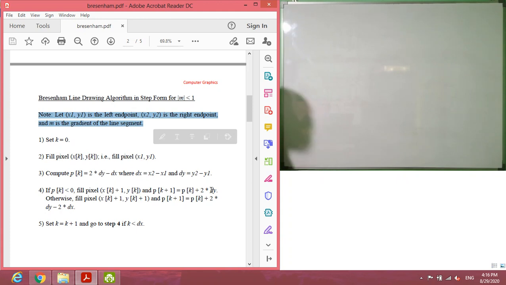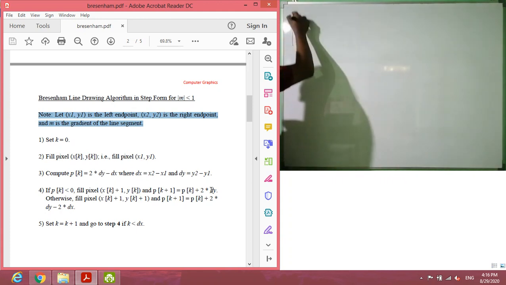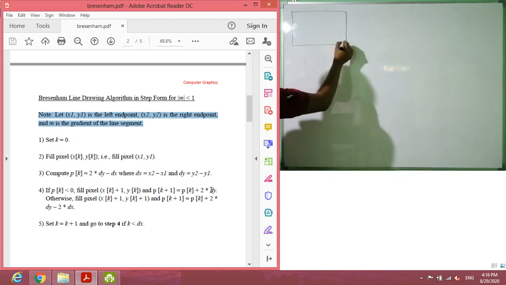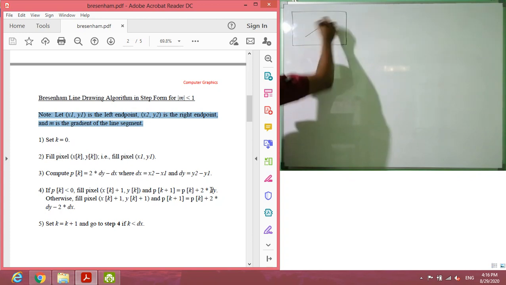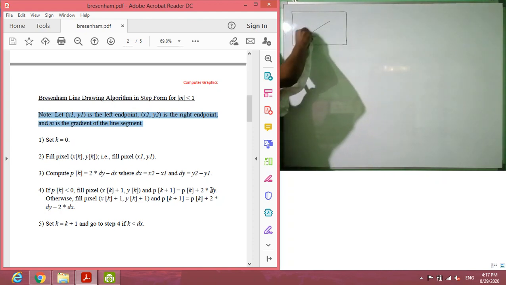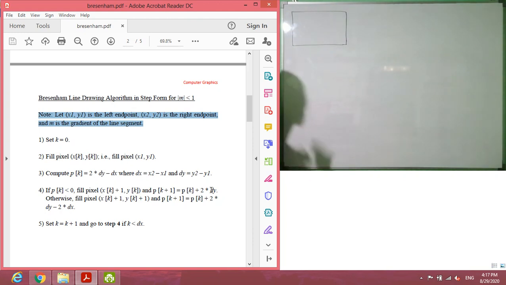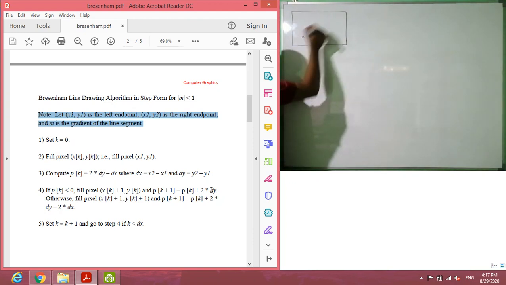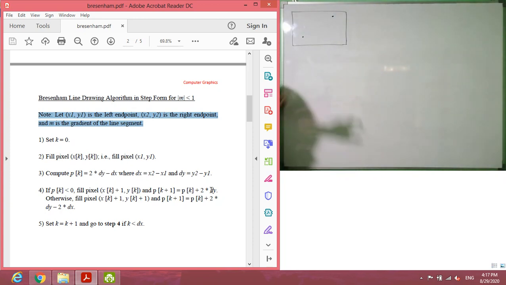Now on a particular screen we want to draw a line segment. There we find the left endpoint. For the algorithm we provide only the coordinates of 2 endpoints.